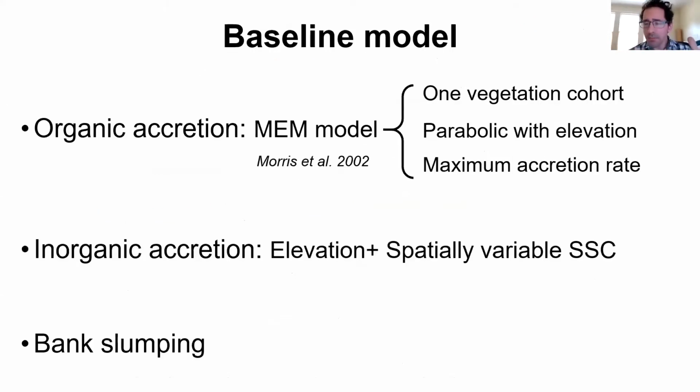So the baseline model, maybe you have heard about the marsh evolution model from Jim Morris. So the idea is that you simulate the organic accretion by plants, like the roots and rhizomes that decompose and accumulate with time. So this is a very simple model. The idea is that you simulate a cohort of vegetation, and that vegetation is a function of the elevation and the tidal range.